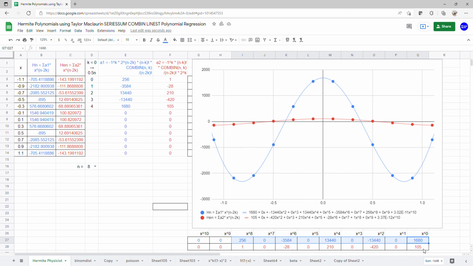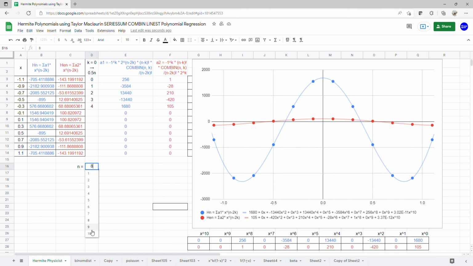In the case of the probabilist Hermite polynomial, we have x to the 8th minus 28x to the 6th plus 210x to the 4th, minus 420x squared, and 105.